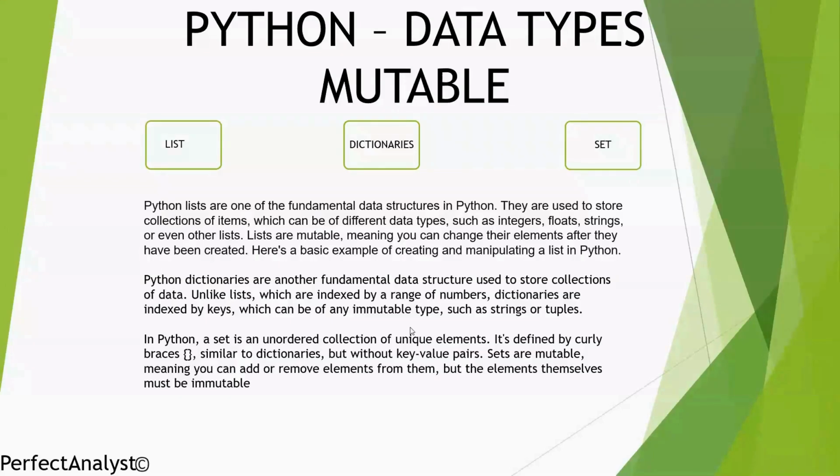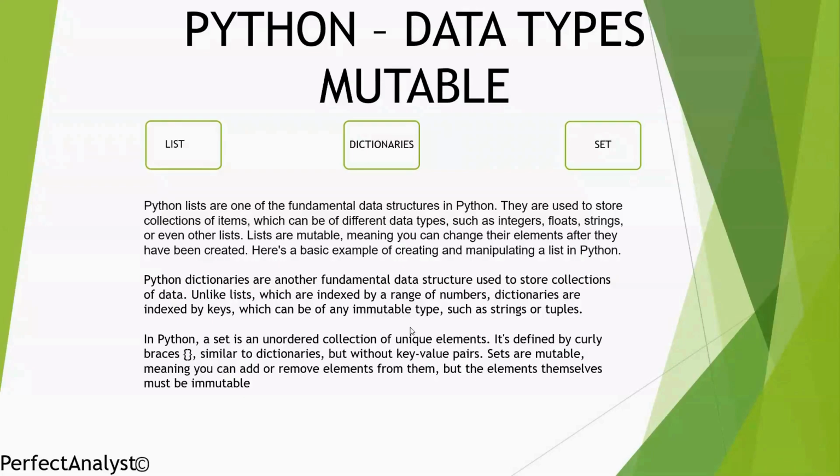List is one of the fundamental data structures in Python, and it stores a collection of items. It can hold different data types: integers, floats, strings, and even other lists, which means you can have a list within a list. It is mutable, meaning you can change its elements after it has been created. Whereas dictionaries are another type of mutable data type, where unlike lists, you can index key values.